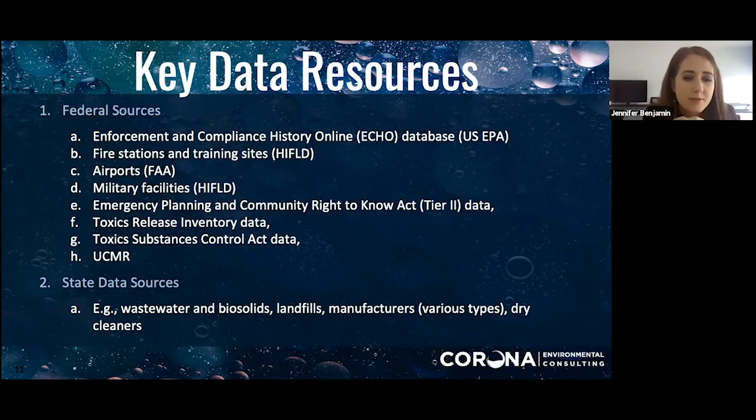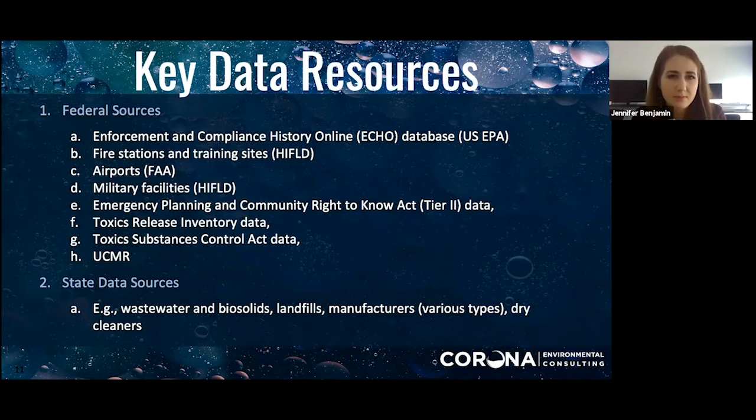One of the most useful federal data resources that we found was the Enforcement and Compliance History Online database, so the ECHO database. That is available through the US EPA. That was particularly useful to us because it includes compliance information for just about every permitted industry, so just about every industry that's permitted through the US EPA.